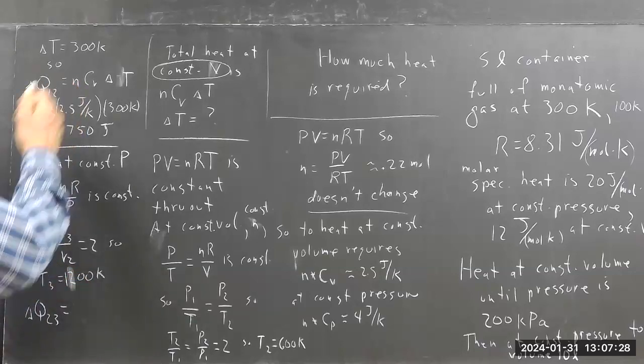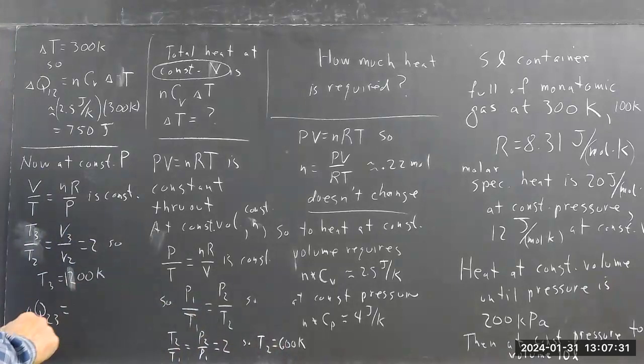And T2 was 600 Kelvin. So we doubled that to get 1200 Kelvin.